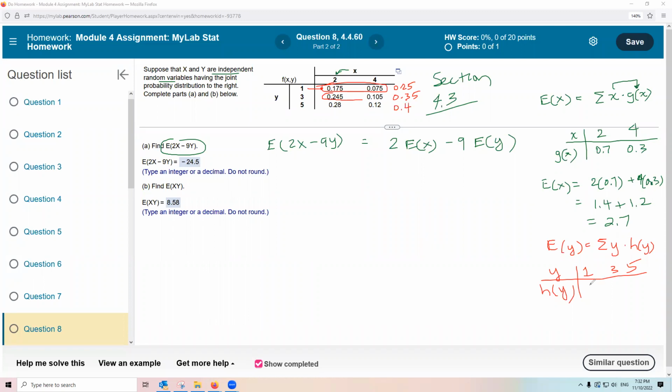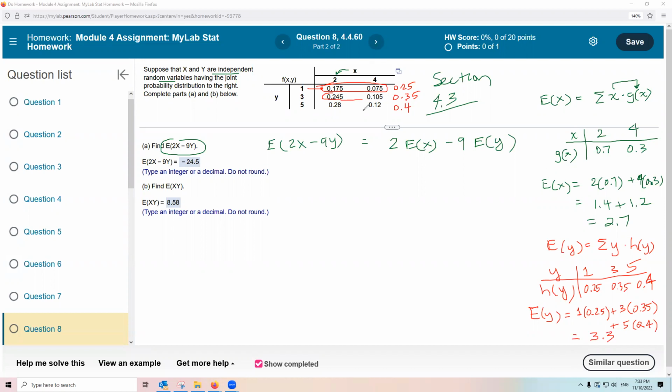All right, so we ended up here with 0.25, 0.35, and 0.4. Now we can find the expected value of Y. It's going to be 1 times 0.25 plus 3 times 0.35 plus 5 times 0.4. Okay, and if I work this out, I think this works out to be 3.3.